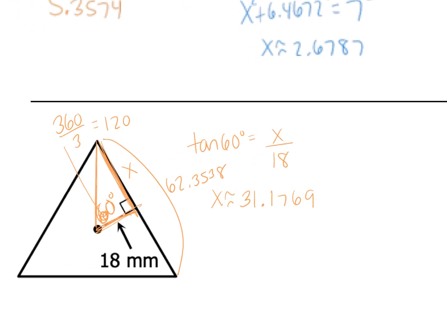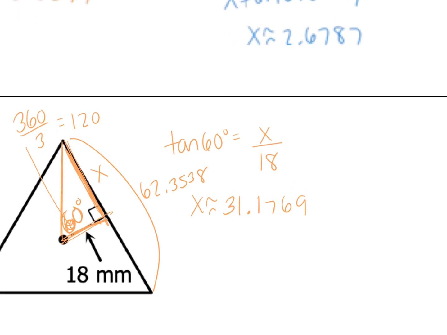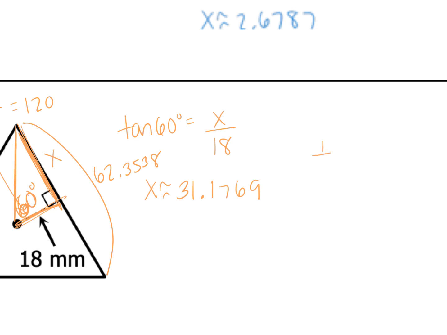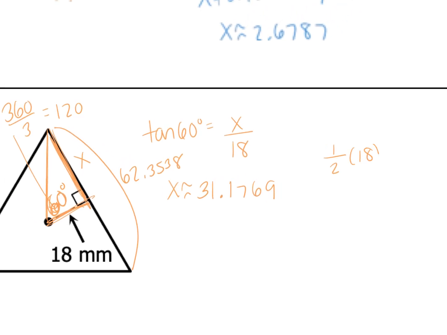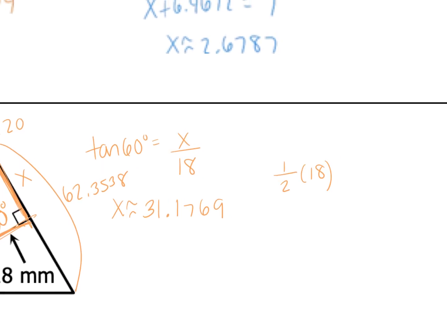Okay. Now I have everything I need. So it's half apothem times perimeter. Half, the apothem is 18, times the perimeter is that 62.3538 number, times 3 because it has 3 sides.